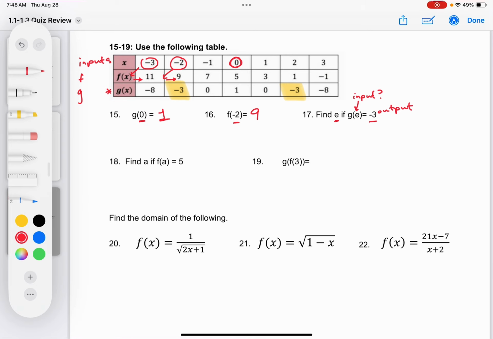Multiple inputs can have the same output, but an input can't have multiple outputs. It would fail the vertical line test. It wouldn't be 1-to-1. So E would equal, you can see we got -2 and +2. I'm just gonna write it like positive or -2.